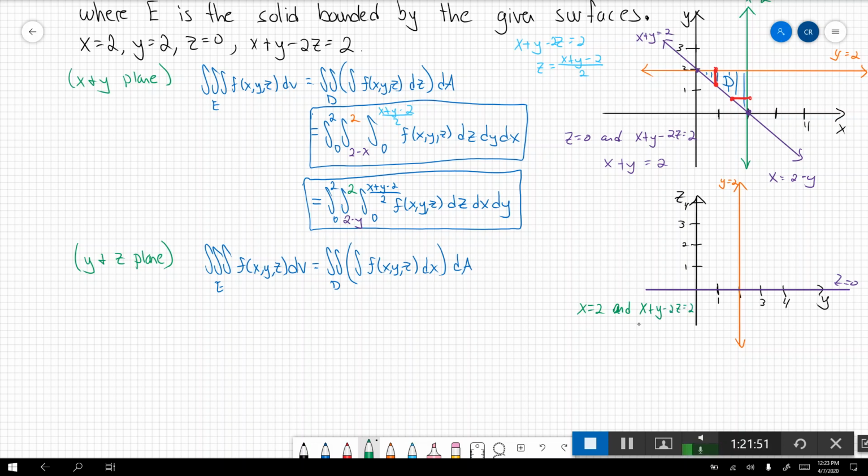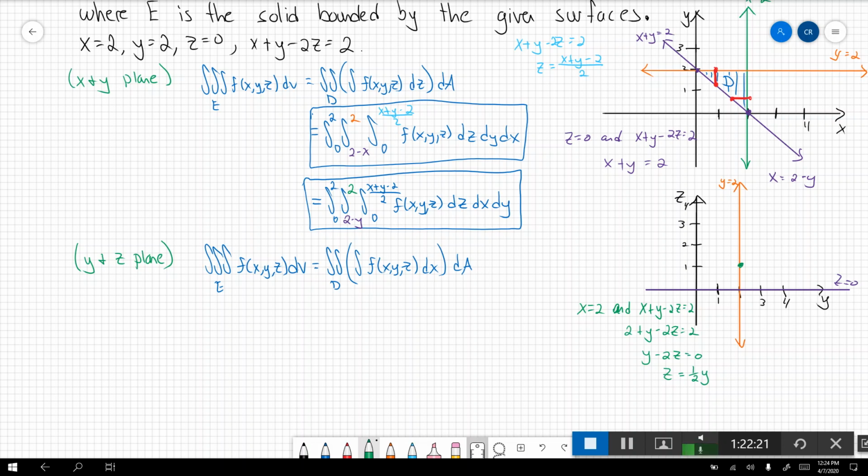So if x is 2, this is 2 plus y minus 2z is equal to 2, which means subtract the 2 over and we get y minus 2z is equal to 0. This equation should give me that z is equal to 1/2 y. That means we just have a slope of 1 over 2. That's going to go here.